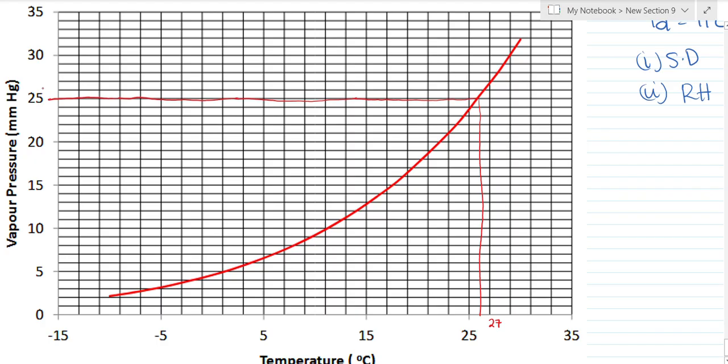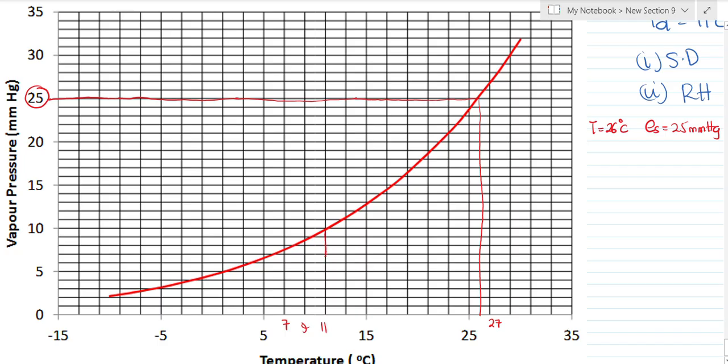So we have 25. So I can say that for a temperature of 26 degrees Celsius, we had a saturated vapor pressure of 25 millimeters of mercury. I'm just writing this down. Then the dew point temperature of 11. This is 7, 9, and 11. So the 11 is here.